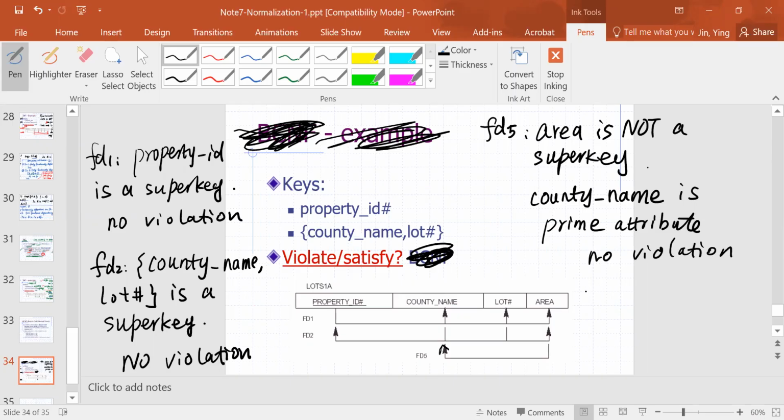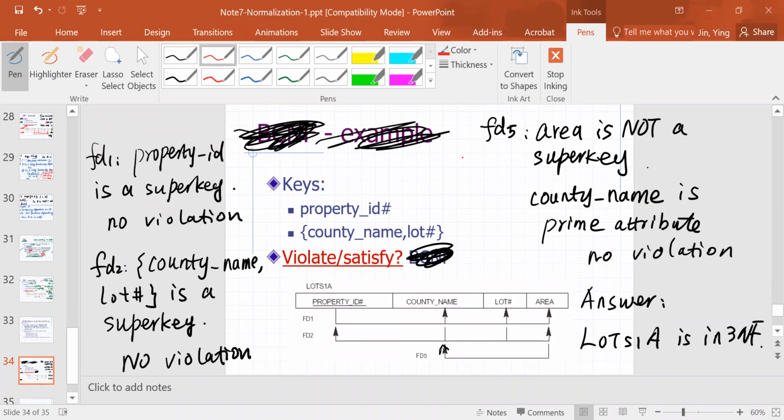So as a result, your answer should be: it is in third normal form. So this is actually a yes case, right? Okay, so in the case of yes, every single step has certain points.